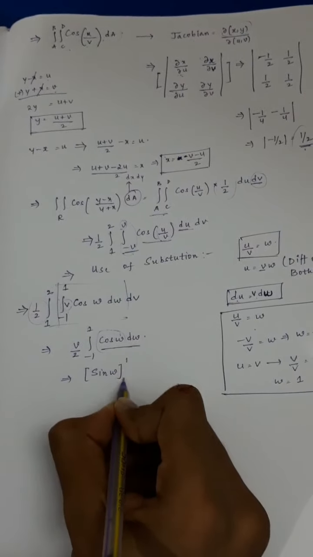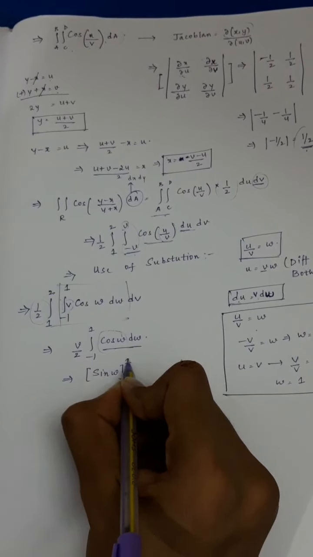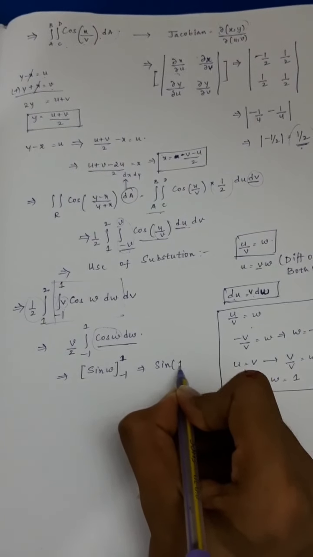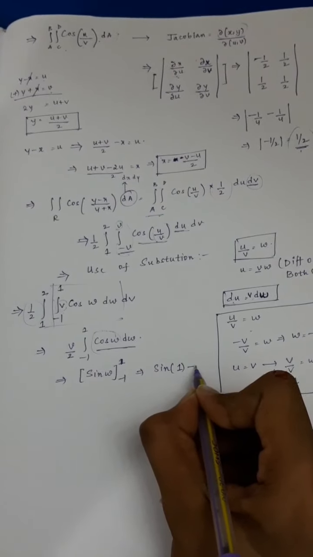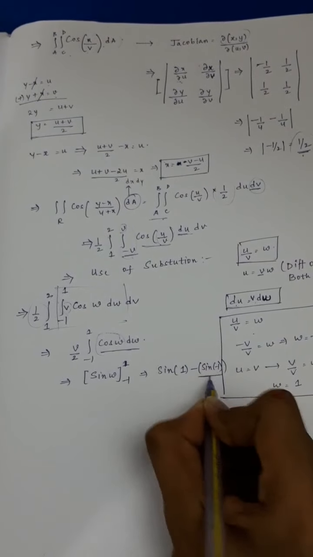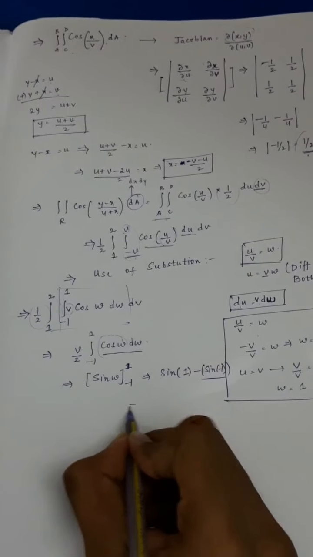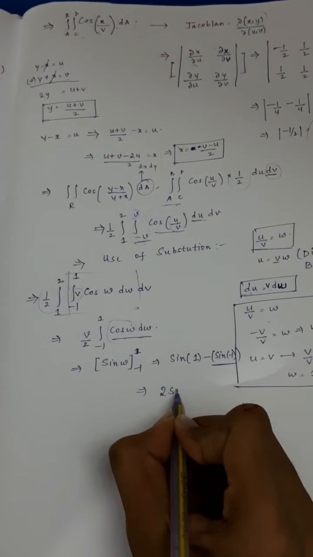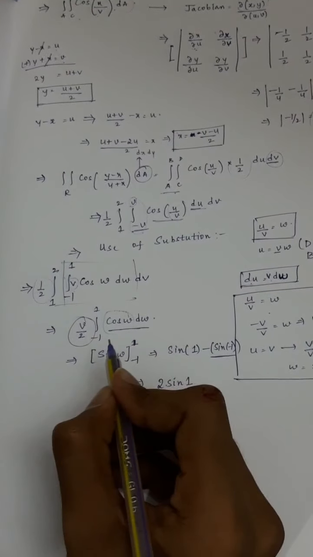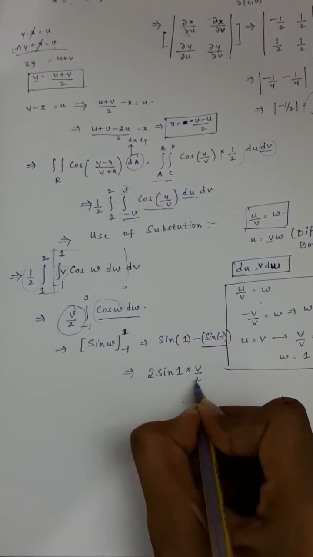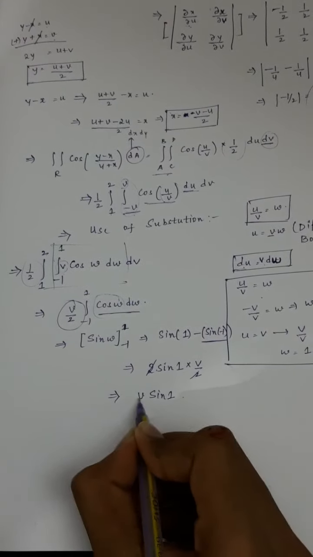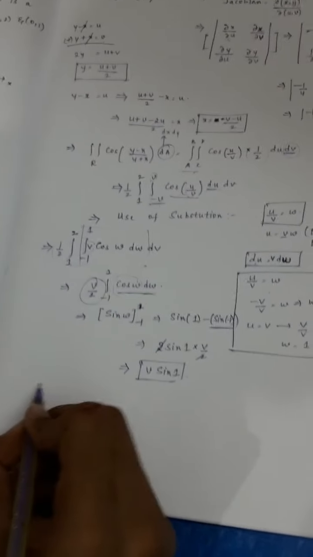Taking limits minus 1 to 1, it would be sin of 1 minus sin of minus 1. Sin of minus 1 would be minus sin 1, as we know. It would be 2 sin 1, which is multiplied with v by 2 here. So the value of the inner integral would be v sin 1.